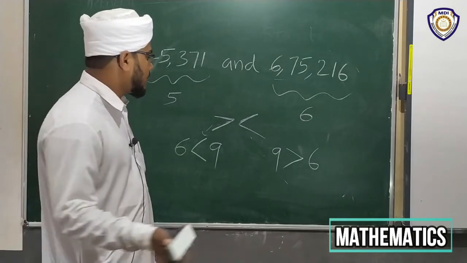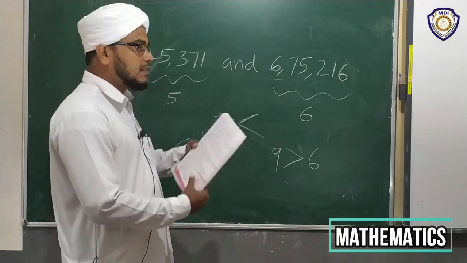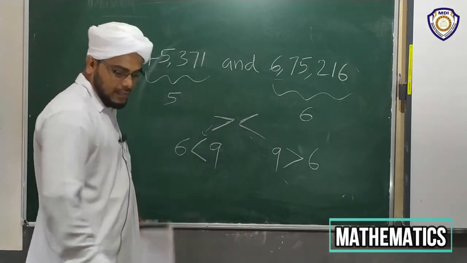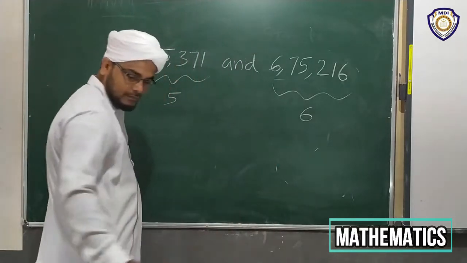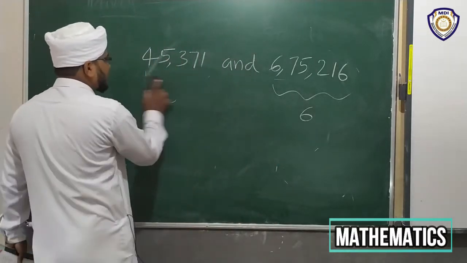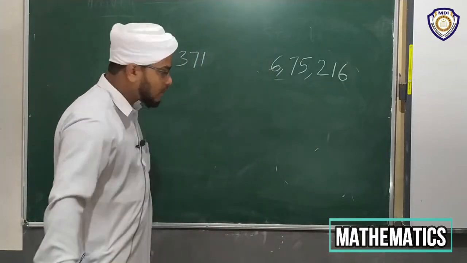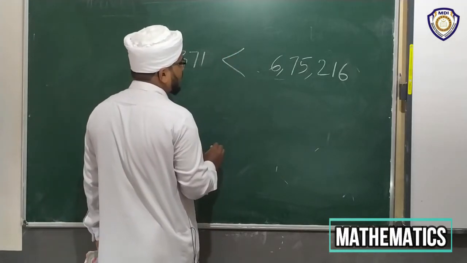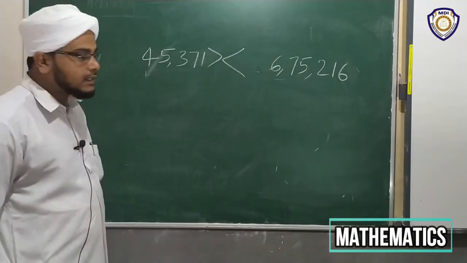This is very important in our maths. So please listen here carefully and write it. Let us write this number. Okay. Which sign do we use? This or this? Which is correct?